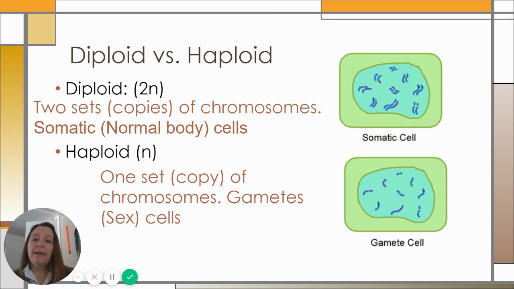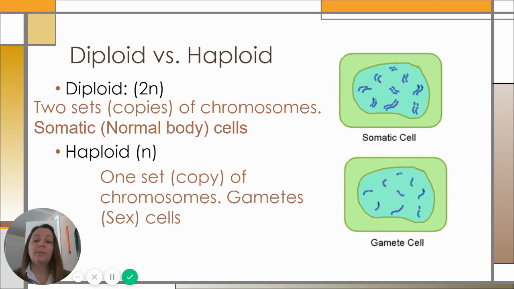Now, there is a way that we designate this or describe it in shorthand. A short way to label cells, especially in diagrams, you will see 2N, N meaning the number of chromosomes.